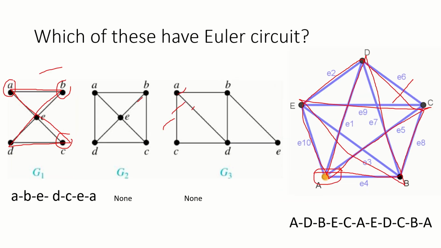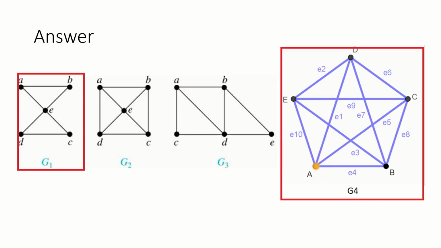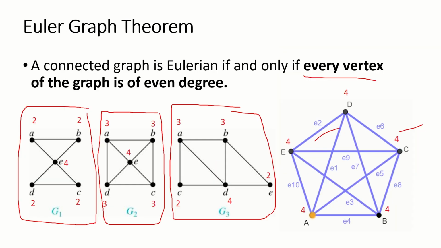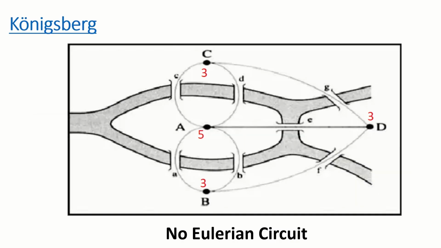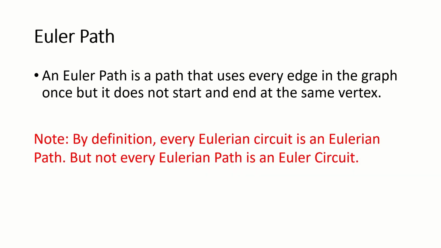If it says determine, then you will use this one. Okay, so in this one, Königsberg again, we have no Eulerian circuit because the vertices have degrees 3 and 5, which are odd. They're not even.